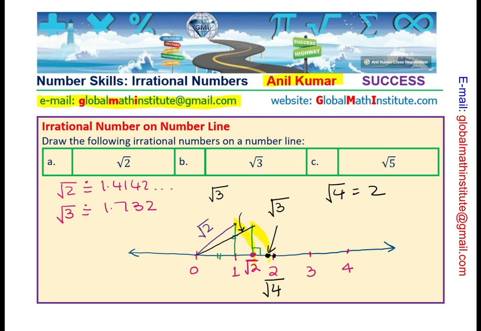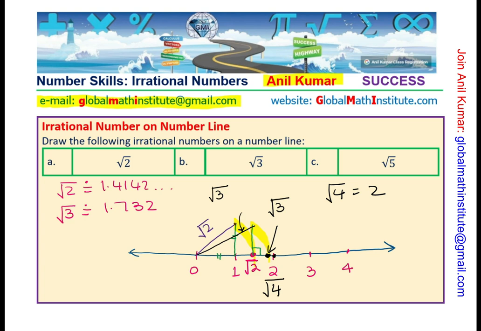Now, since I've already discussed this strategy before you, how will you draw square root 5? Can you take that up just to ensure that you've understood the process? So basically, square root 5 is a diagonal of a rectangle whose one of the sides is square root 4, which is 2.